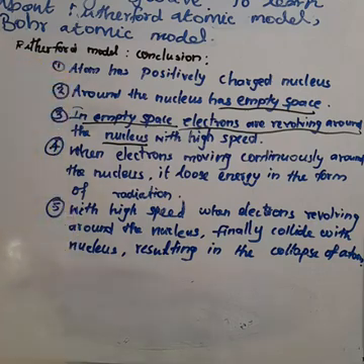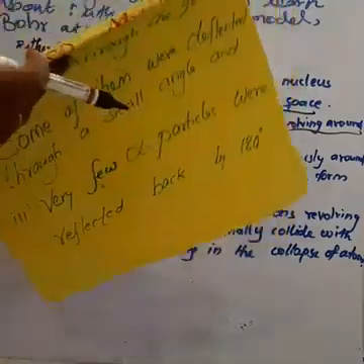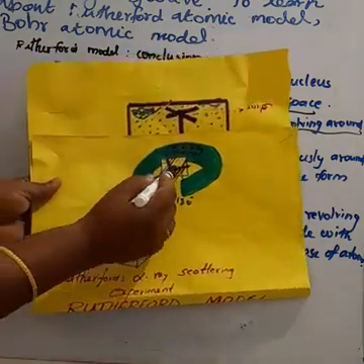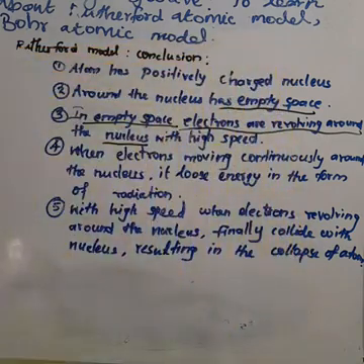And thirdly, very few alpha particles were reflected back by 180 degrees. What did he conclude from that?